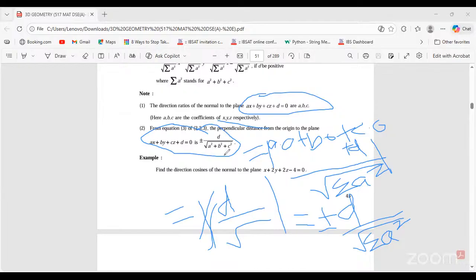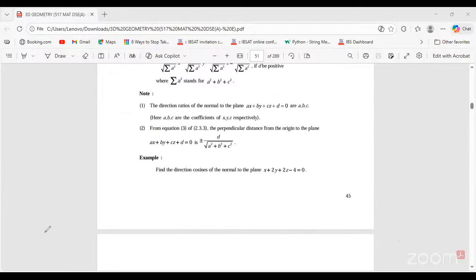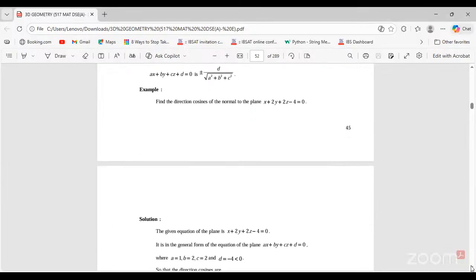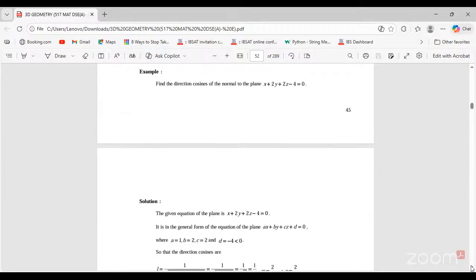And we know that every distance is always positive, so we are not taking the negative. That's why D by under root of A square plus B square plus C square is the perpendicular distance from the origin to the plane. Okay, here is one example: find the direction cosines of the normal to the plane.